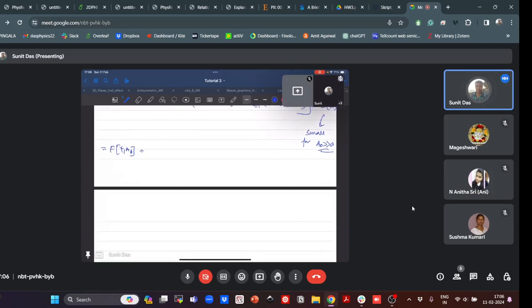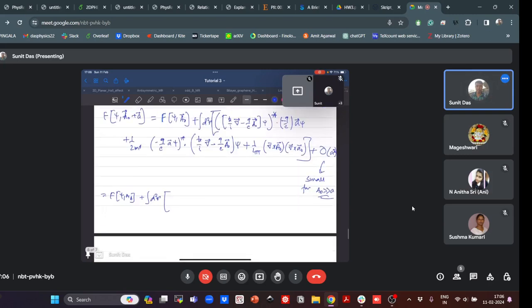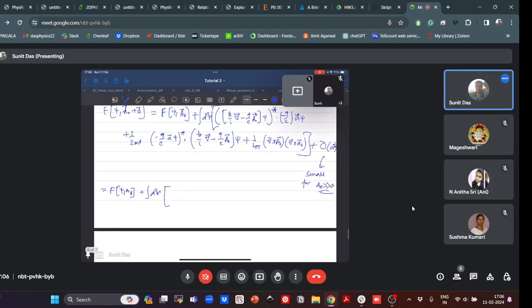Plus d cube r, then minus q by m star c.